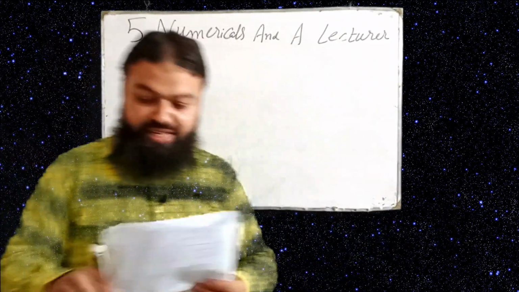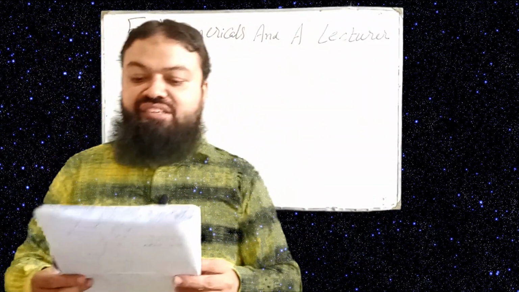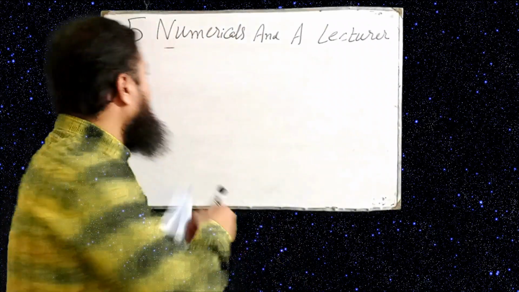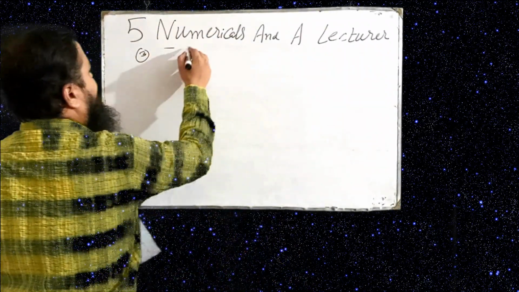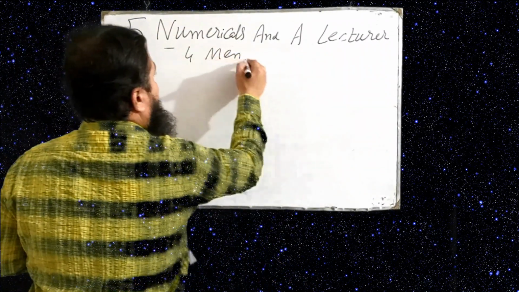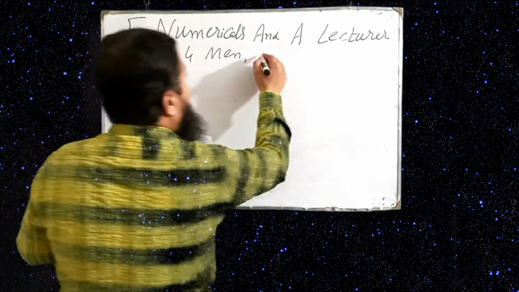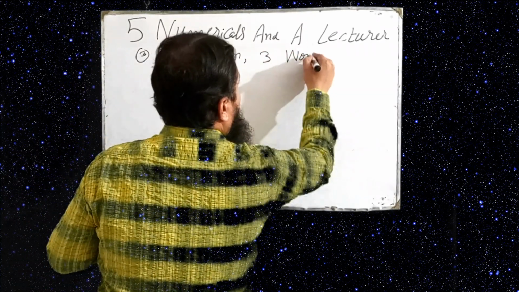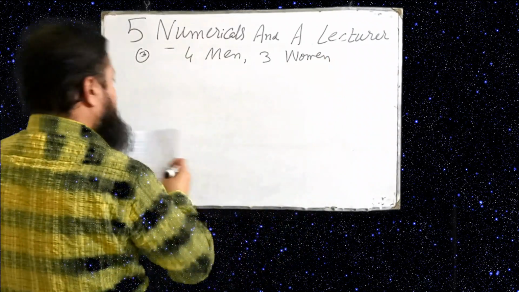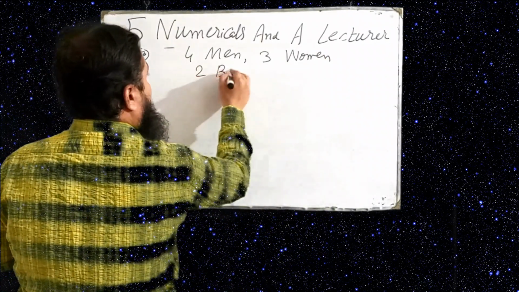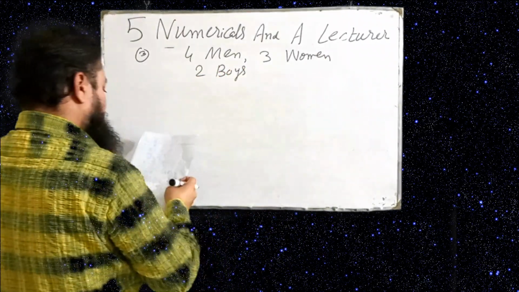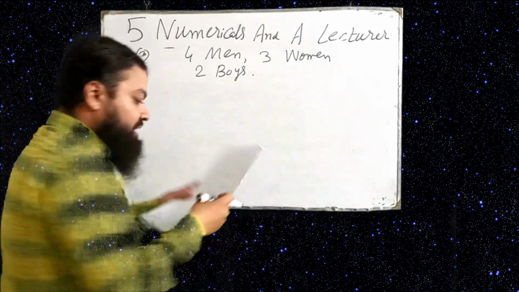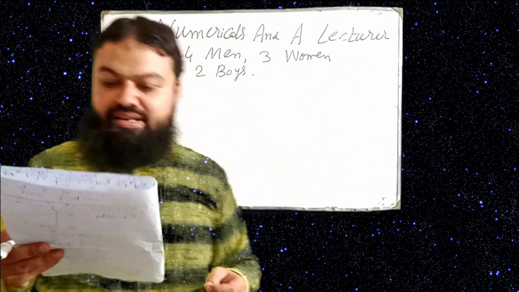Question number 3, a very important one. A group consists of 4 men, 3 women and 2 boys. Three persons are selected at random.